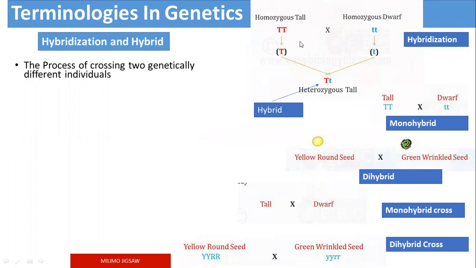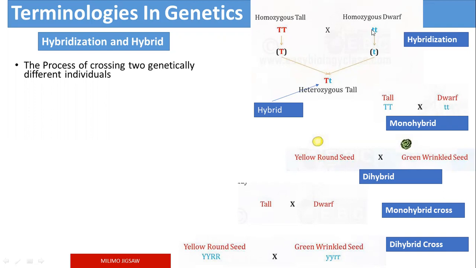For example, we have a homozygous tall individual and a homozygous dwarf individual, with the genotypes homozygous dominant and homozygous recessive.